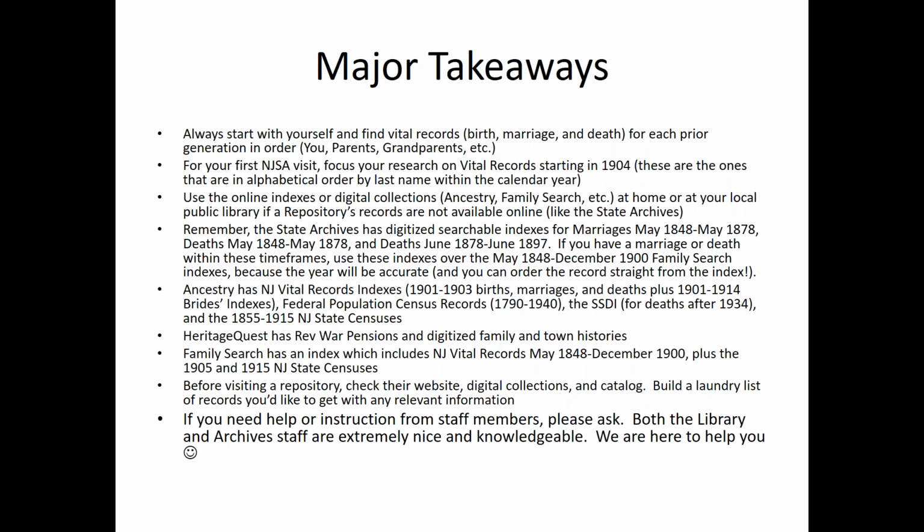When you go to visit the state archives, if you have family within the time period of the vital records era, start with the records 1904 and on. These are the records that are organized in alphabetical order by the person's last name within the calendar year.